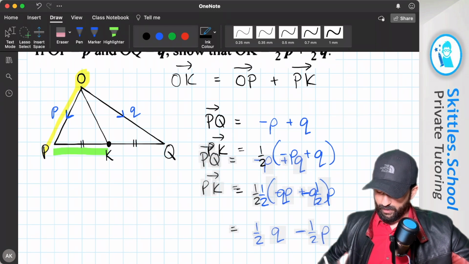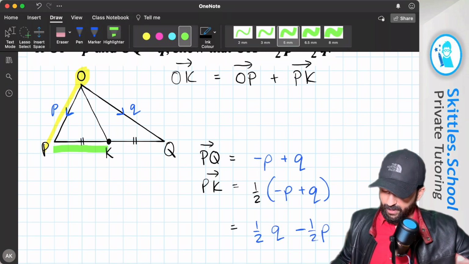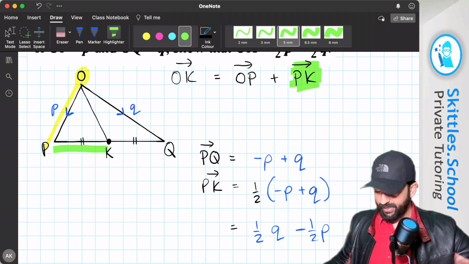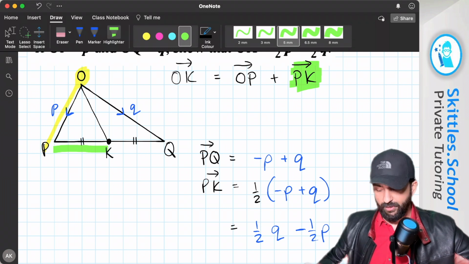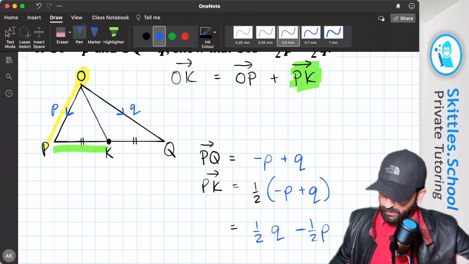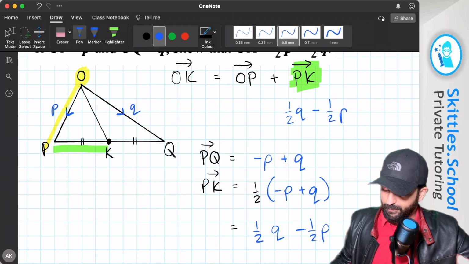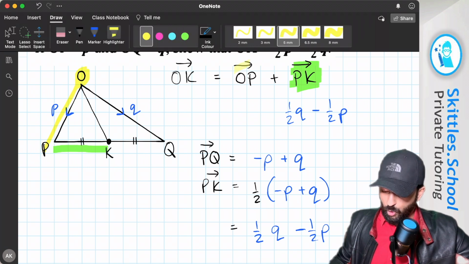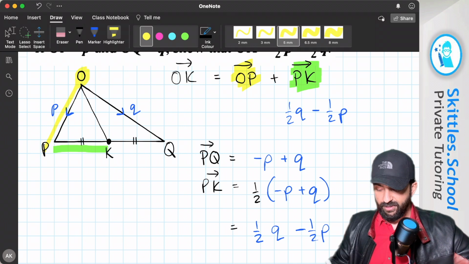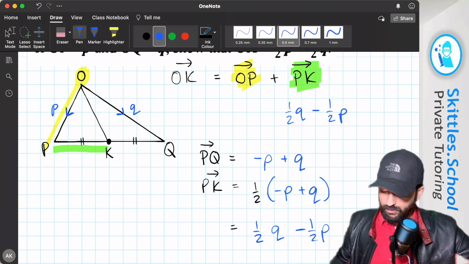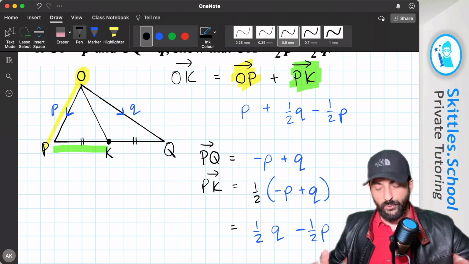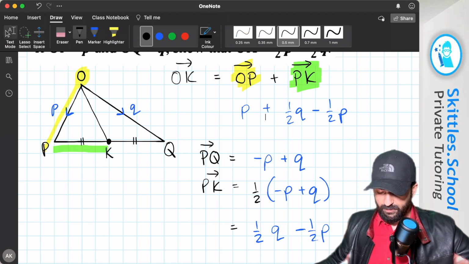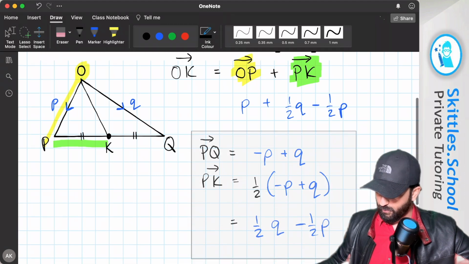If we move this out of the way, we know that P to K is 1/2 Q minus 1/2 P. We also already know O to P because it's in the question. O to P is just P. Now we can use this to work out O to K.